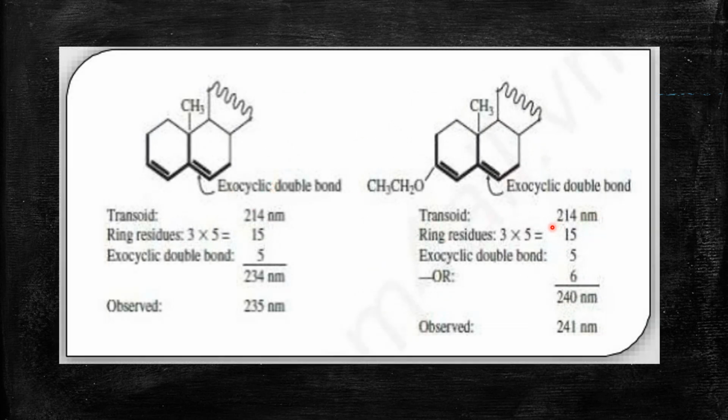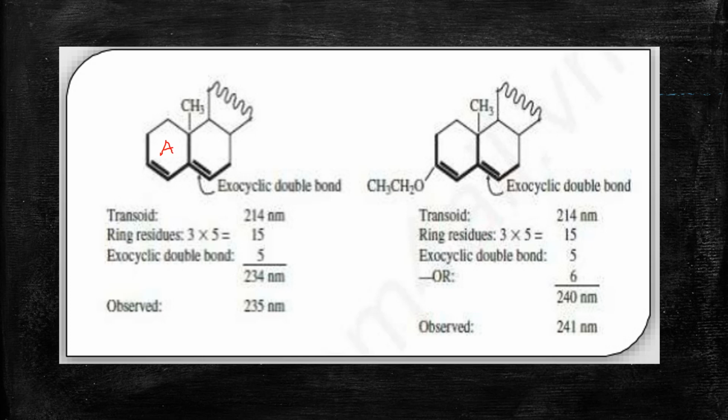Another example. See, the conjugated system is not present in the same ring. We call this a heteroannular diene. So for the heteroannular diene, the parent value is 214 nanometers. Now see, it has one exocyclic double bond.